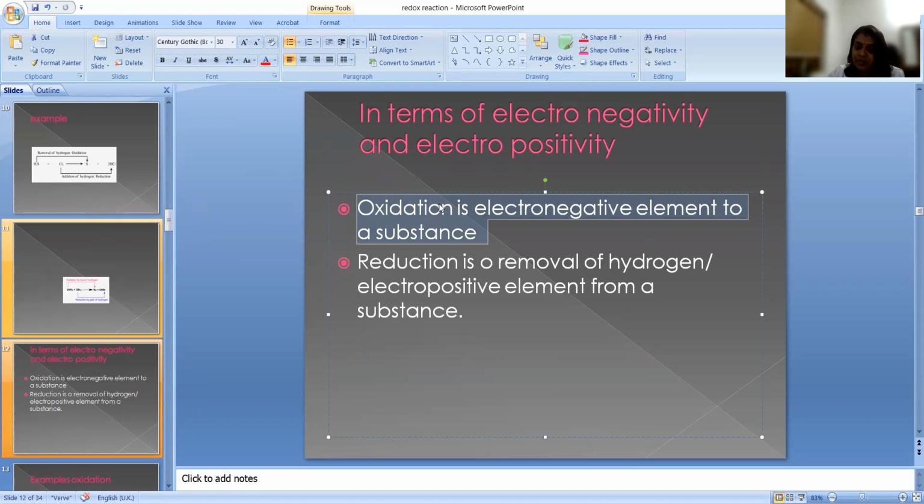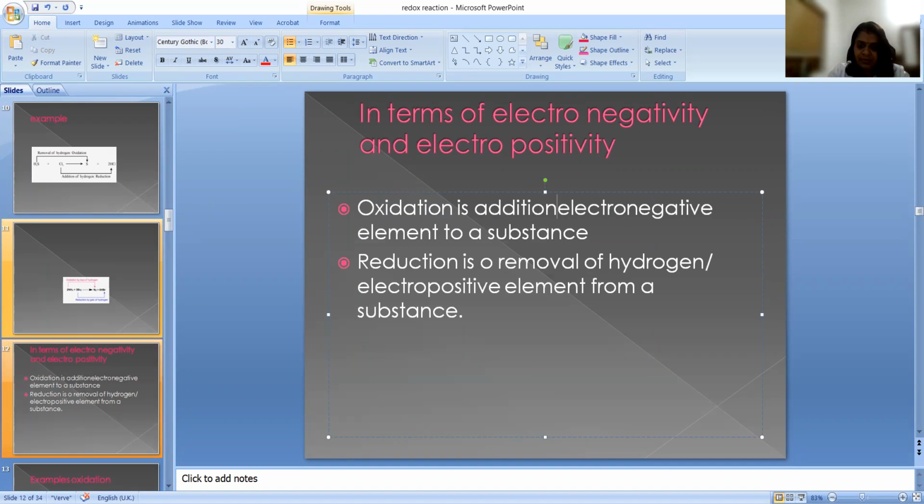So it is the addition of an electronegative element to a substance, and it is the removal of an electropositive element from a substance.